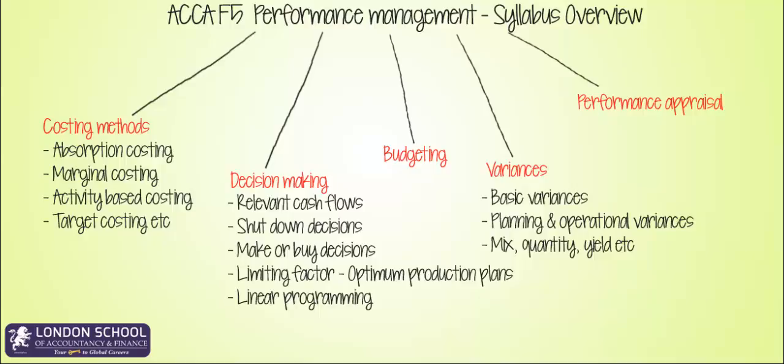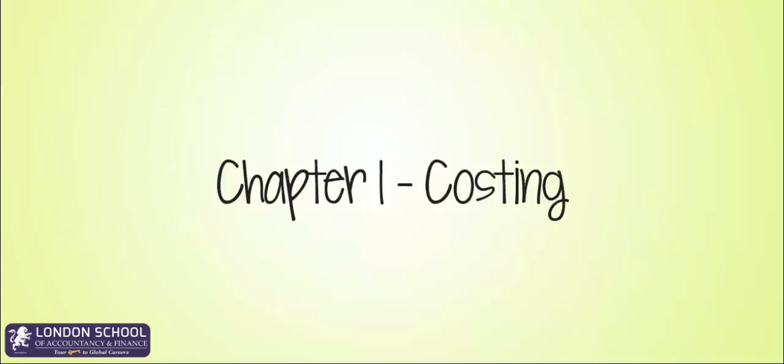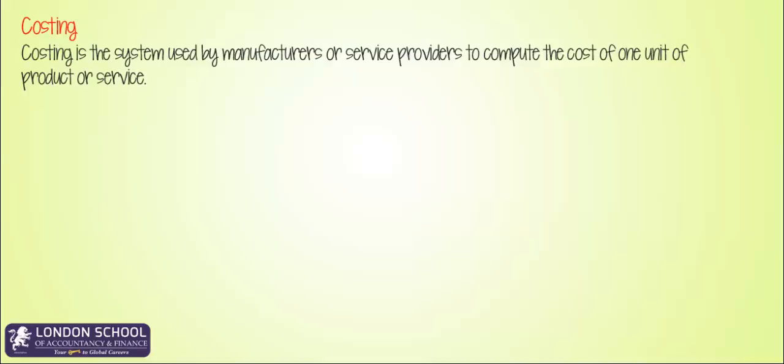Let's get started with our chapter number 1, which is costing. Chapter number 1, costing. Now, what is costing? Costing is basically the way companies calculate the cost of their products or services.